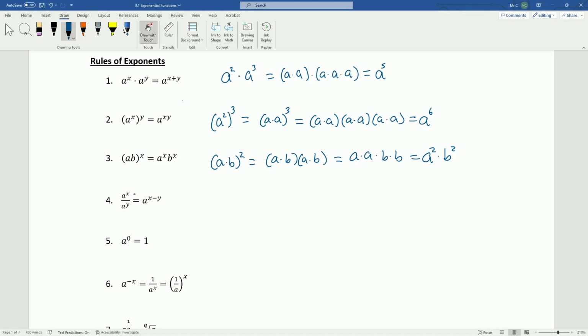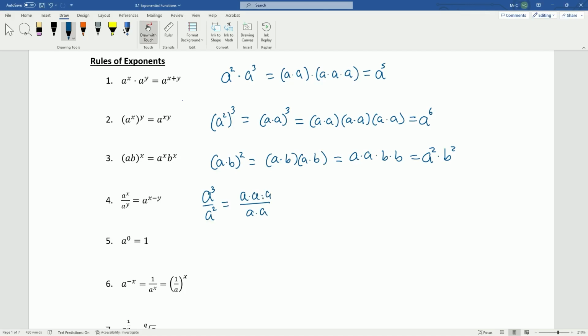Okay, now we look at a to the x divided by a to the y. That's a to the x minus y. Okay, so why is that? Well, if I have a cubed over a squared, that's a times a times a divided by a times a. And as long as there are only products here, remember if there was a plus or a minus, we couldn't do any of this.